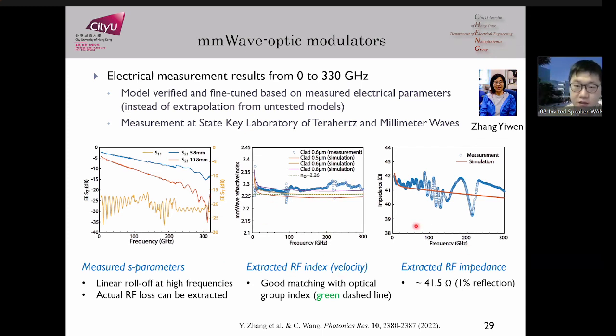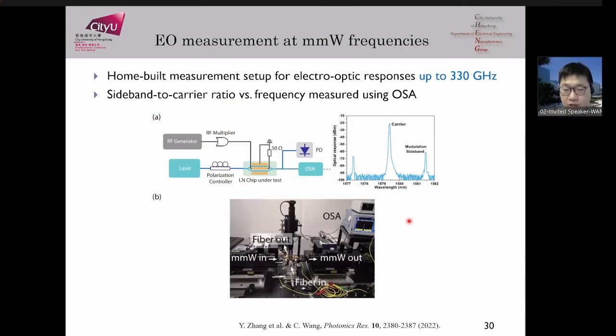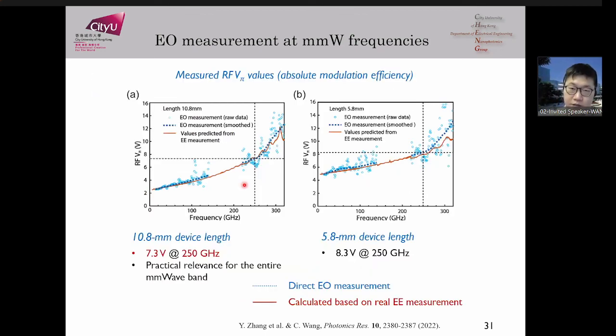With those fine-tuned models, we can build a device that's optimized for millimeter wave applications. More importantly, we built an in-house setup that can measure the electro-optic response up to 330 gigahertz, with fiber in, fiber out, and millimeter wave probes in and out. So with that, we are able to measure the electro-optic response at very, very high frequencies.